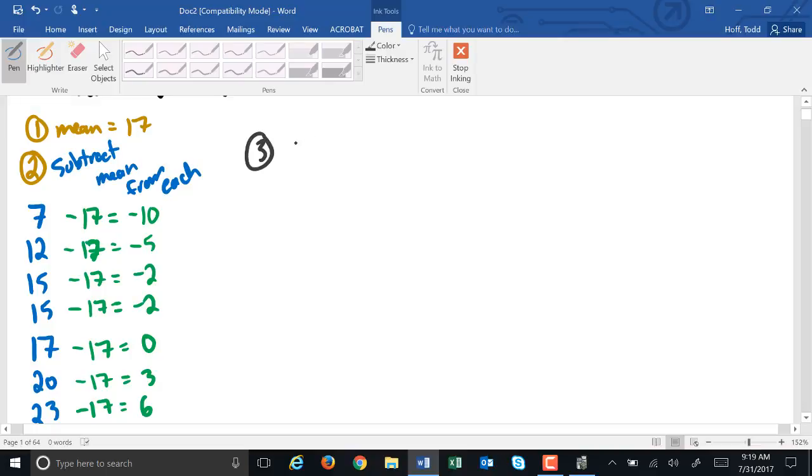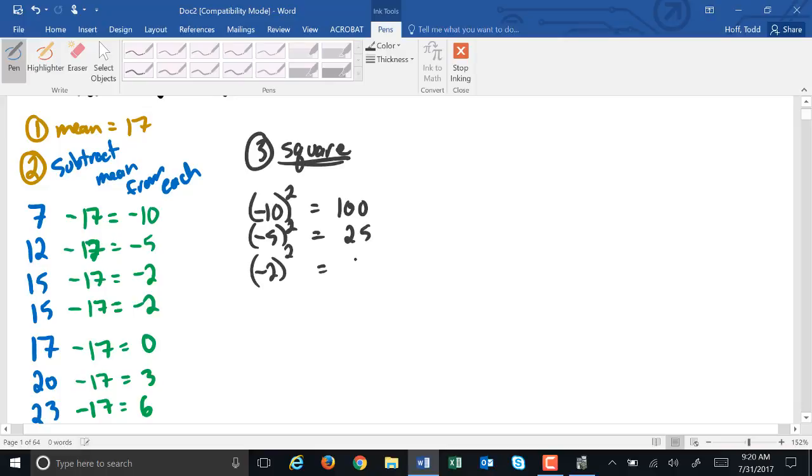What is step 3? Not square root, square. Negative 10 squared, 100. Negative 5 squared is 25. Negative 2 squared is 4, and I bet it's 4 again. 0 squared, 0. 3 squared, 9. 6 squared, 36.